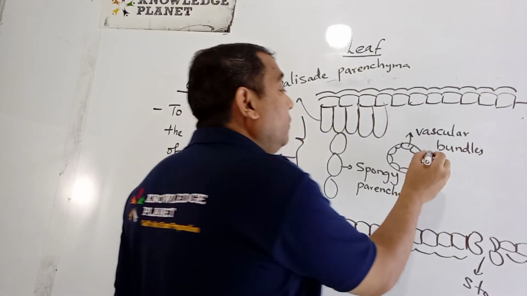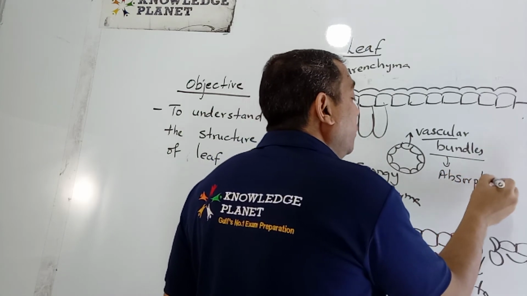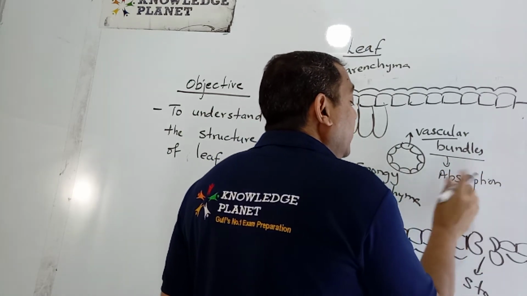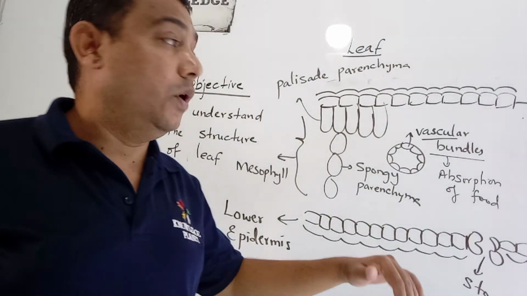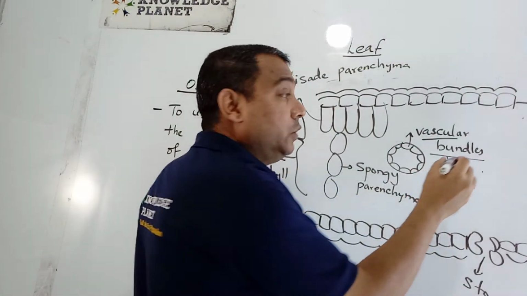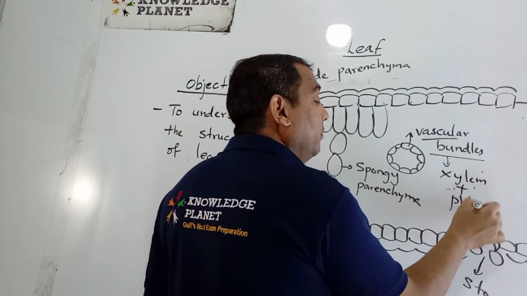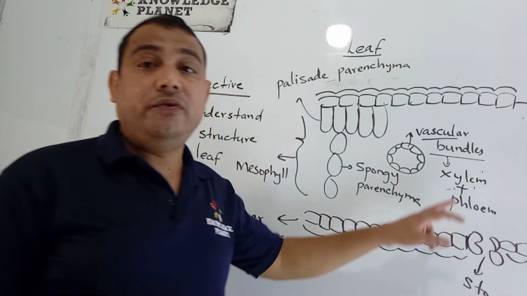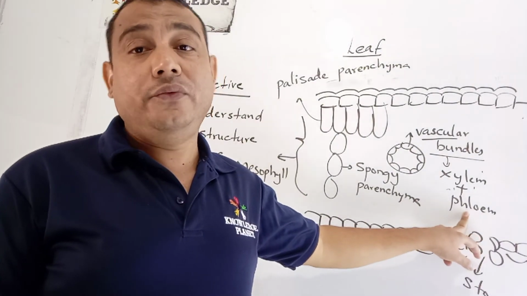They help in transport of food material and water. So basically vascular bundle has two functions. In the vascular bundle you can see the xylem and phloem. Xylem is for transport of water, phloem for transport of food material.